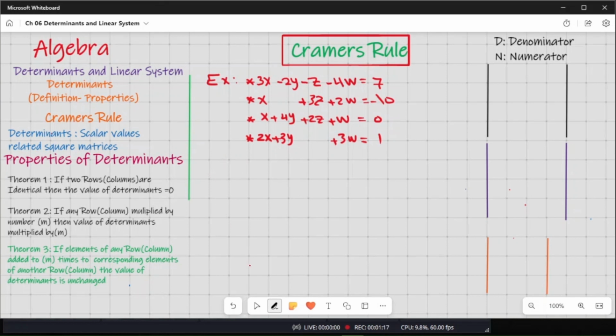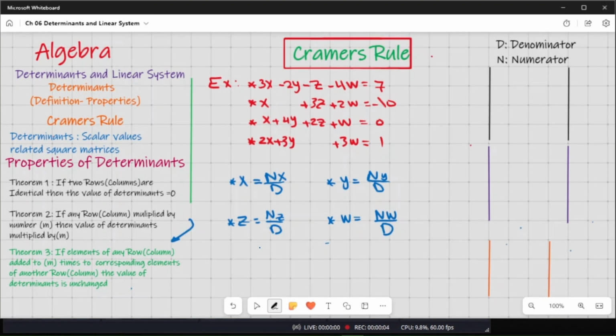So from this we have x equal to nx by d, y equal to ny by d, z equal to nz by d, and w equal to nw by d.